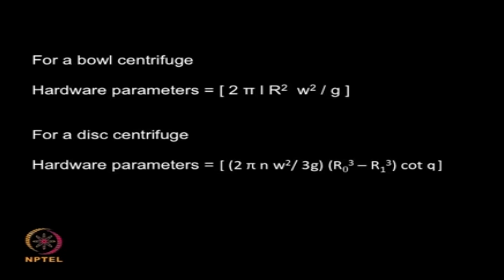So n is the number of discs, and then you have terms like radius of the disc and then the angle the discs make with respect to the central axis. But basically these terms relate to the hardware of the disc centrifuge, and this term relates to the hardware of the bowl centrifuge.